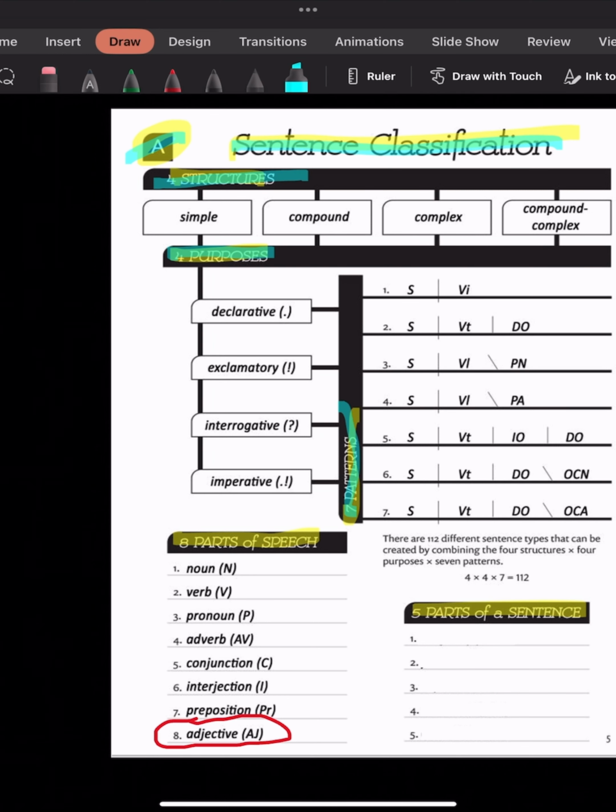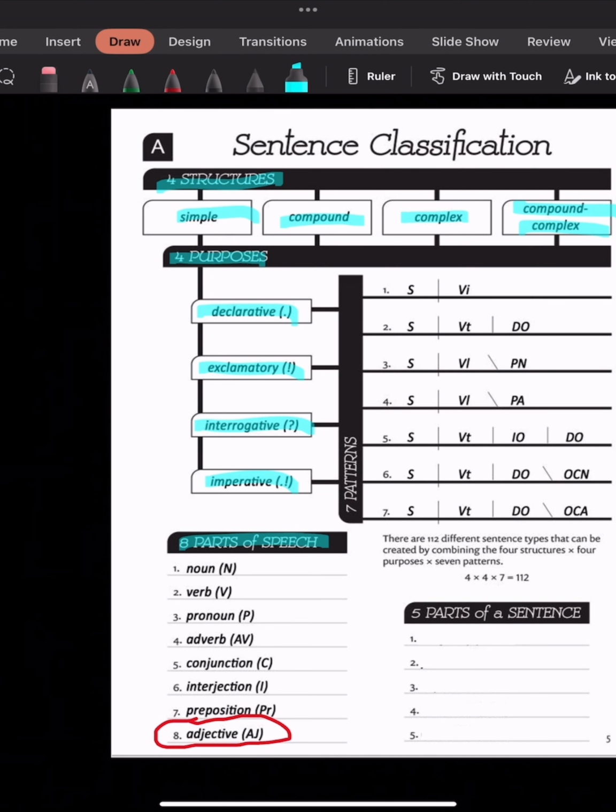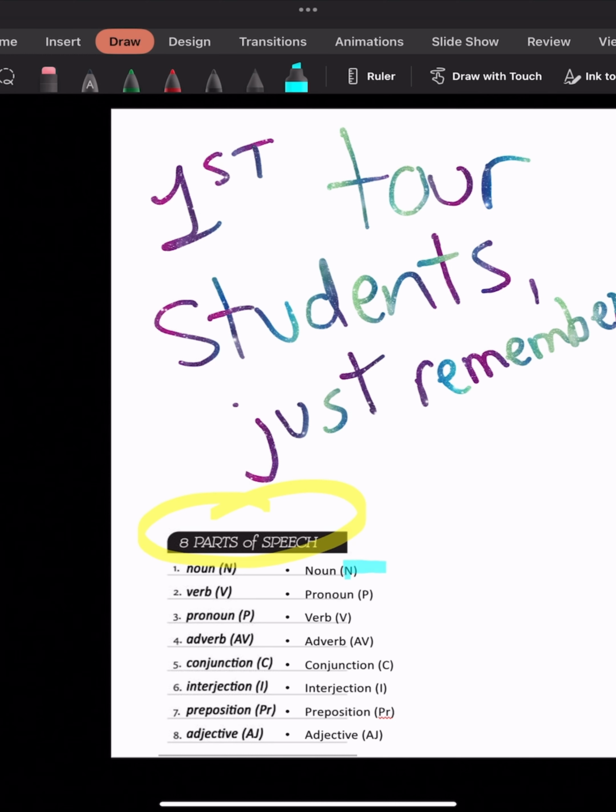If you remember what those 4 structures are: simple, compound, complex, compound-complex. The 4 purposes being declarative, exclamatory, interrogative, imperative. The 8 parts of speech being noun, pronoun, verb, adverb, conjunction, interjection, preposition, adjective.